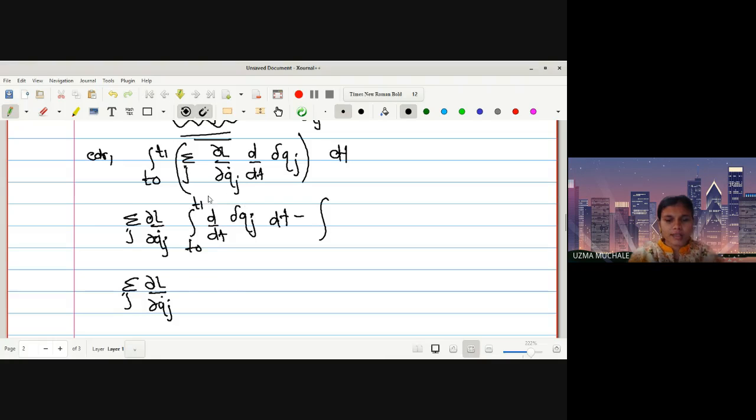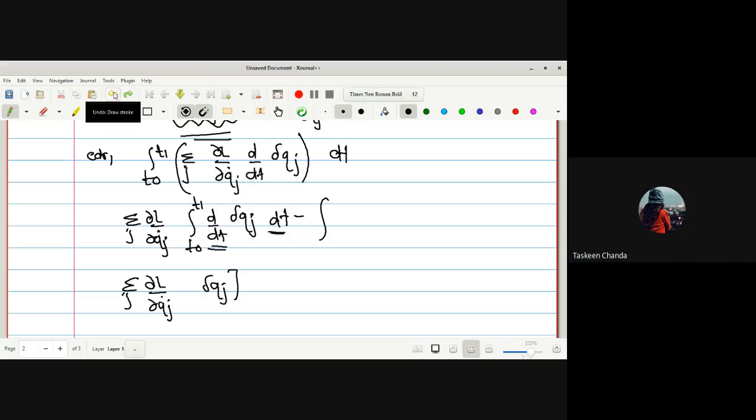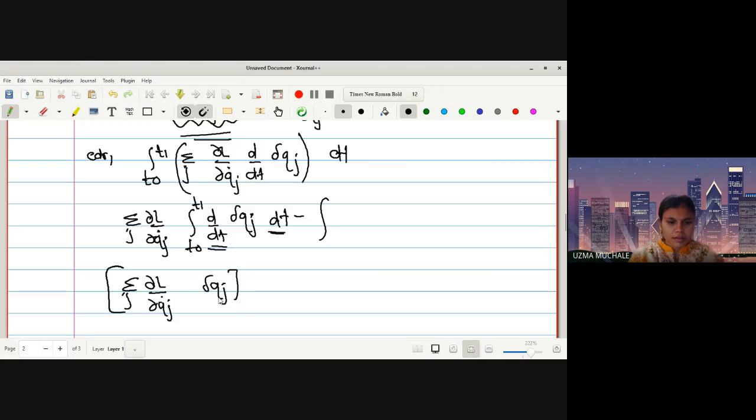What will be the result? Integration is with respect to t and derivative is with respect to t. So the resultant will be delta Qj within the time interval T0 to T1, correct? We have to apply it for the whole term, minus the integration of the derivative of the first term. What is our first term?